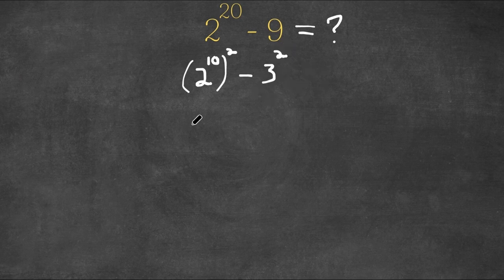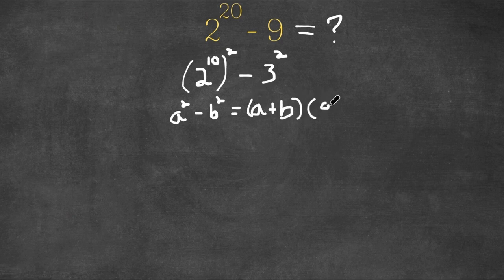And remember, if we have a squared minus b squared, right? If we have this, this is actually equal to a plus b in parentheses times a minus b.